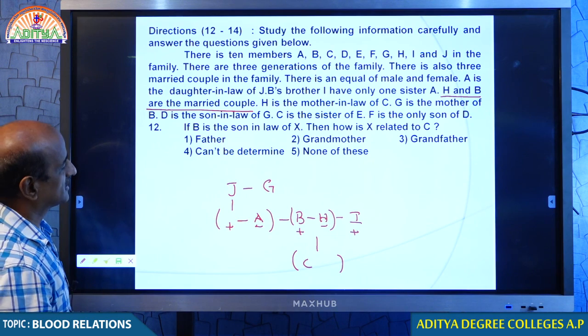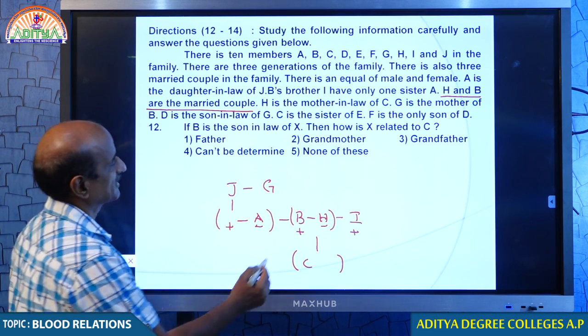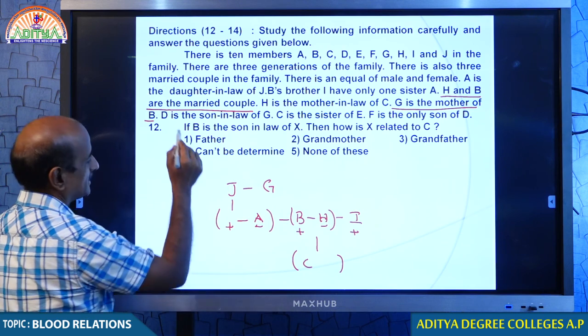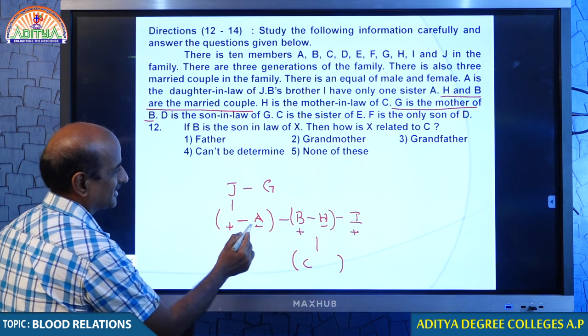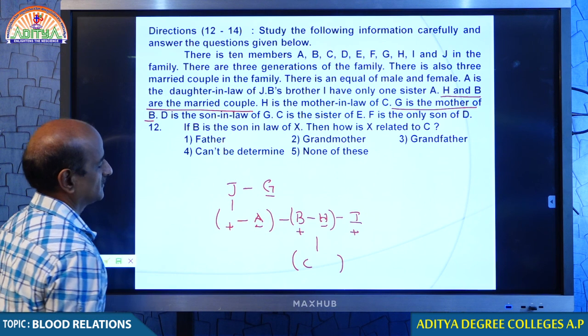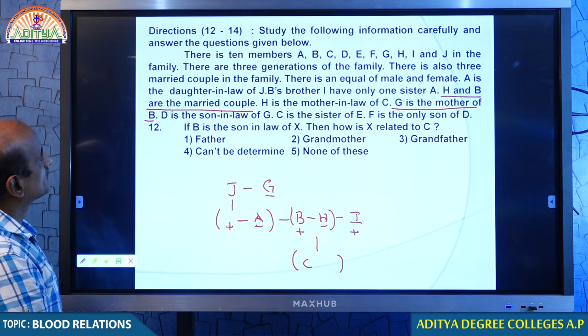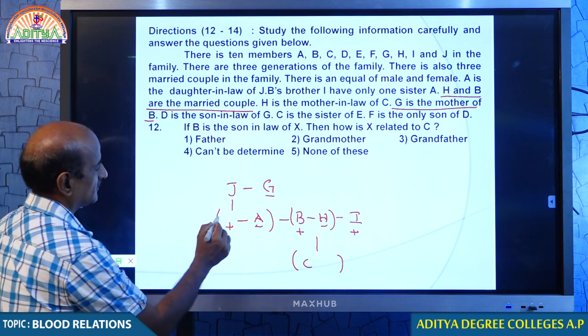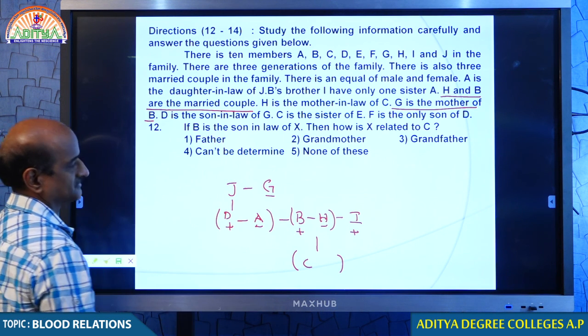G is the mother of B. B's mother means A, B and I's mother. D is the son-in-law of G. Therefore, this must be D.